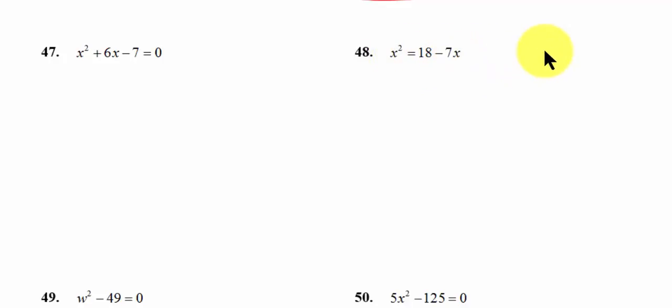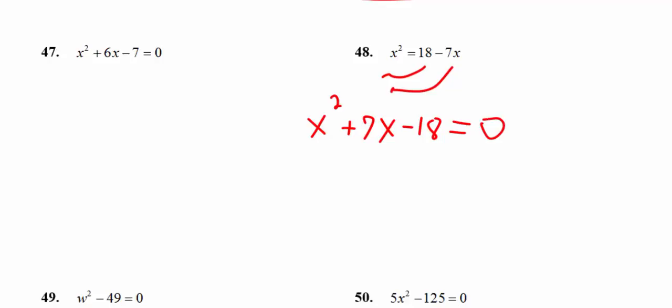So I would suggest bringing the 18 and the negative 7x over to the left side of your equal sign. Right, I would want to subtract 18 from both sides and add 7x to both sides to end up with something that looks like this: x squared plus 7x minus 18 equals 0.